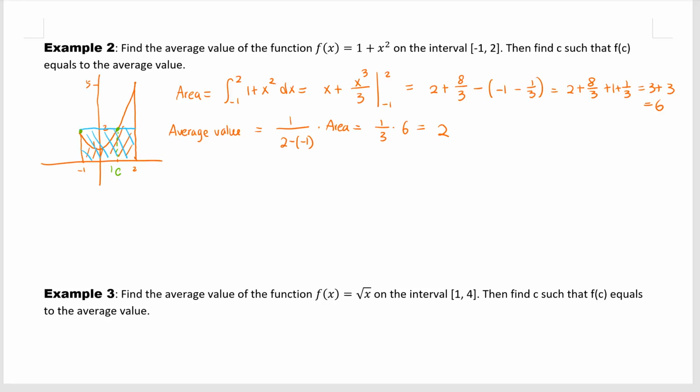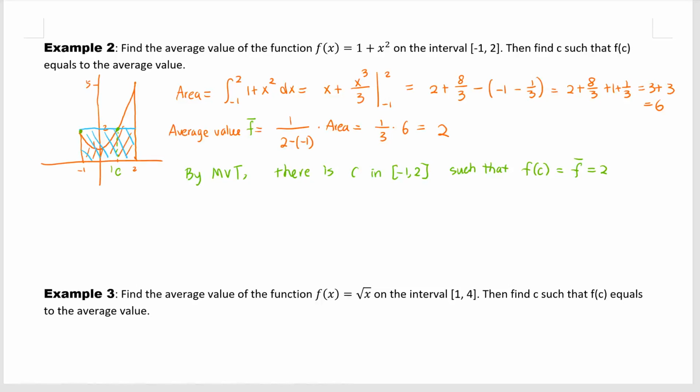By the mean value theorem, there is a c in the interval minus 1 to 2 such that f of c equals the average value, which is 2.